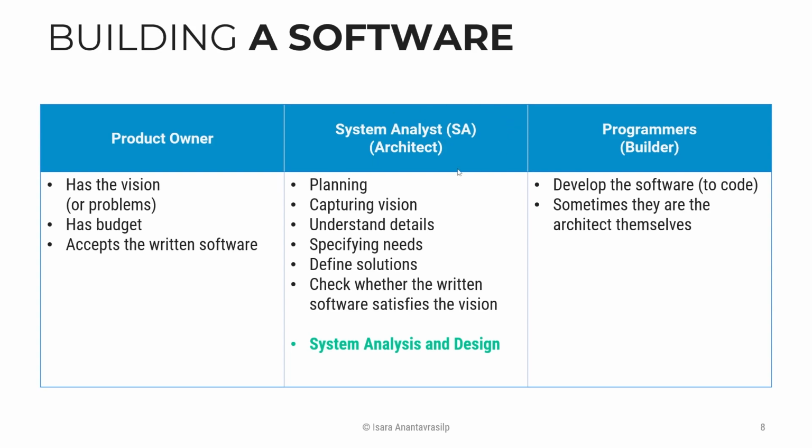And then we have the system analyst. The system analyst does the planning. He has to capture the vision of the product owner. You want a castle, you want a big house, which is gold, next to a lake. How about a garden? He has to capture the vision and come up with a construction plan. But before he can do that, he has to understand all the details.